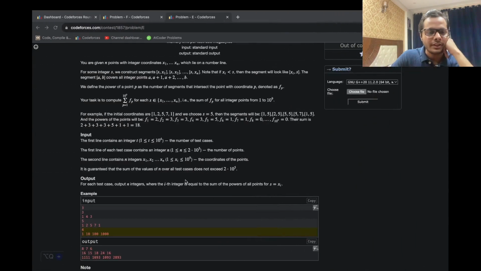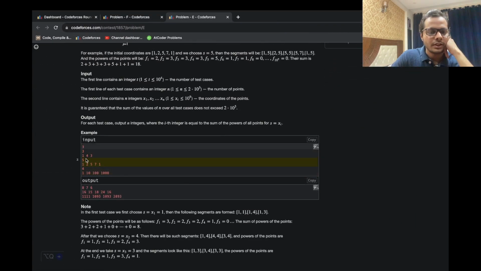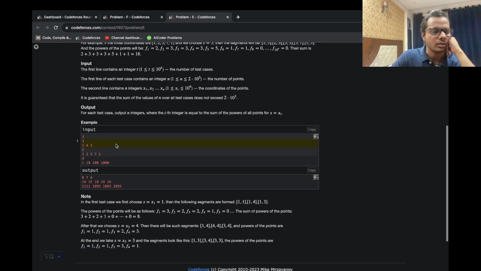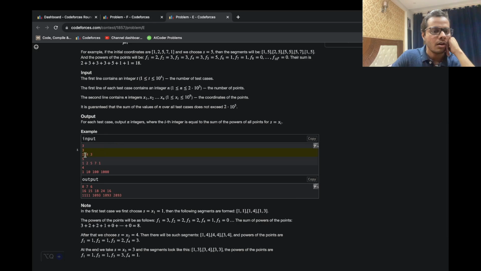So let me just verify if that's correct. So for 1 the answer should be, okay, so it doesn't seem to be correct. Oh, okay, yeah, so it's not that, it's like the difference plus 1. So for 1 we'll add 1, and here we'll add 4, and here we'll add 3.